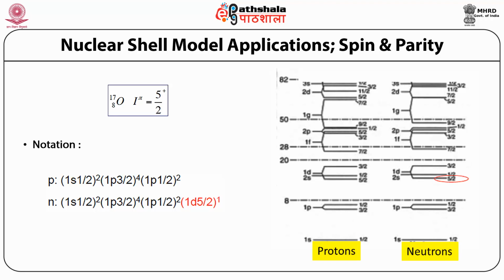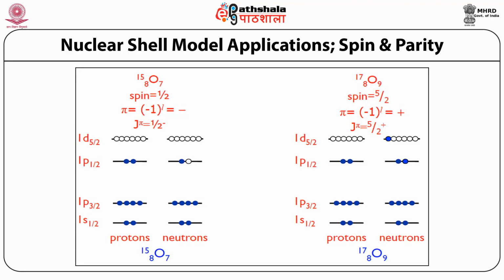The neutron configuration is 1s 1/2 squared, 1p 3/2 to the power 4, 1p 1/2 squared. 1s 1/2 can accommodate 2, 1p 3/2 can accommodate 4, 1p 1/2 can accommodate 2, and then 1d 5/2 has 1. So with the help of the shell model, we can explain the spin and parity of oxygen 17.